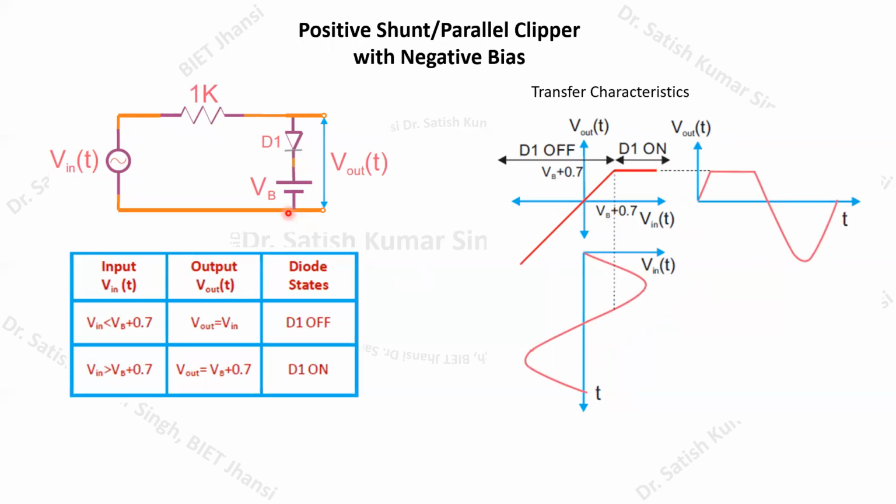Here you can see another circuit. If we have this biased diode, with some DC power supply connected in this series arm, then again we have to analyze at what time it is going to be forward biased and at what time it is going to be reverse biased. So here you can see this voltage we have applied. This is the positive terminal, connected here, and the negative terminal is on this side.